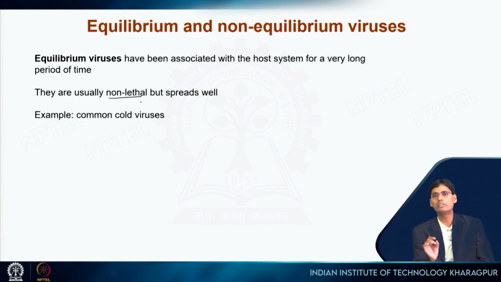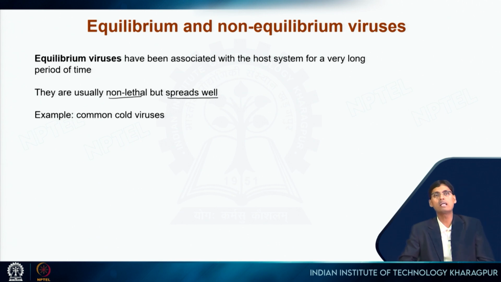The host cell will not be completely destroyed, or the host organism will not die. That ensures their existence, and the host will help them to spread. That is the strategy of equilibrium viruses. As a result, they are non-lethal, but they spread very well.